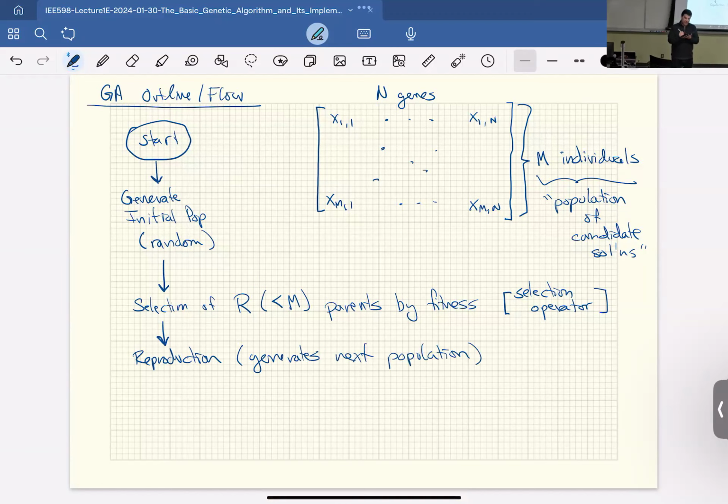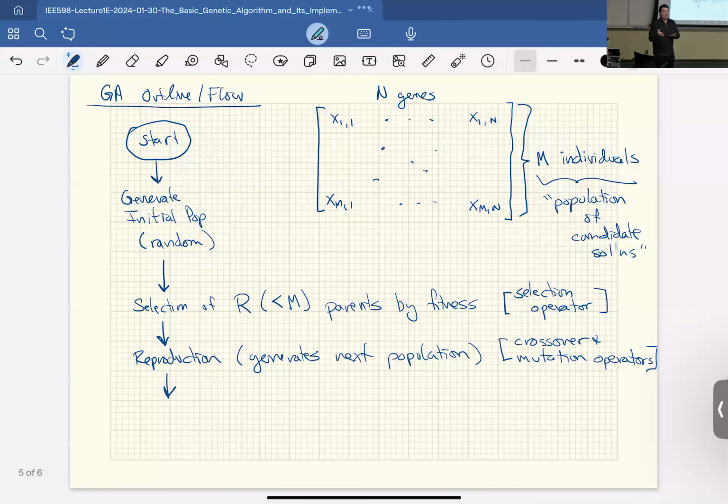And this is where we're going to have the crossover and mutation operators, which we're going to define. But for those that read ahead. And then from there, we've got our new population. So we can then evaluate how well this new population of solutions is doing, and we can see if we've reached a termination criteria.